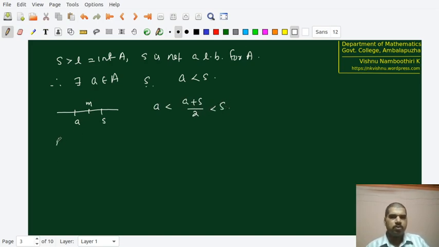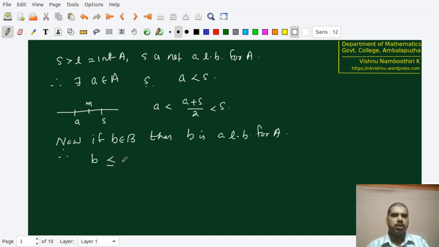Now, if b belongs to B, then b is a lower bound for A. Therefore, b must be less than or equal to a.